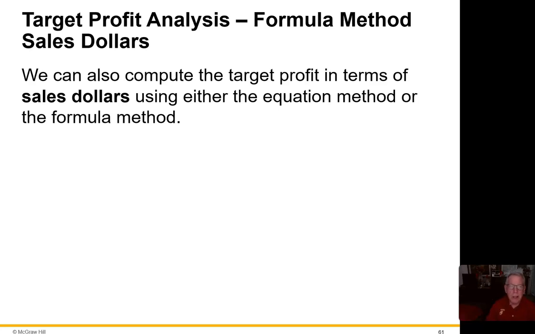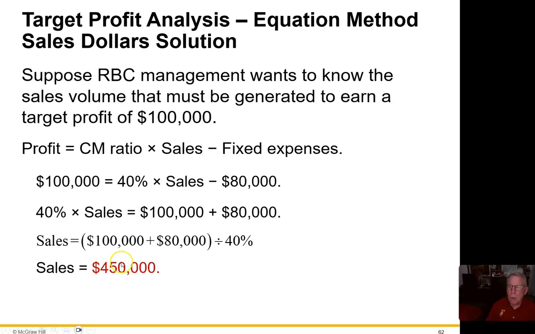And we can use the equation method or the formula method. I like the formula method, as you can probably tell. If we walk through the equation here, here's the profit. We take the contribution margin ratio times the sales minus the fixed costs. So in this case, 40% times sales equals 100,000 plus 80,000.